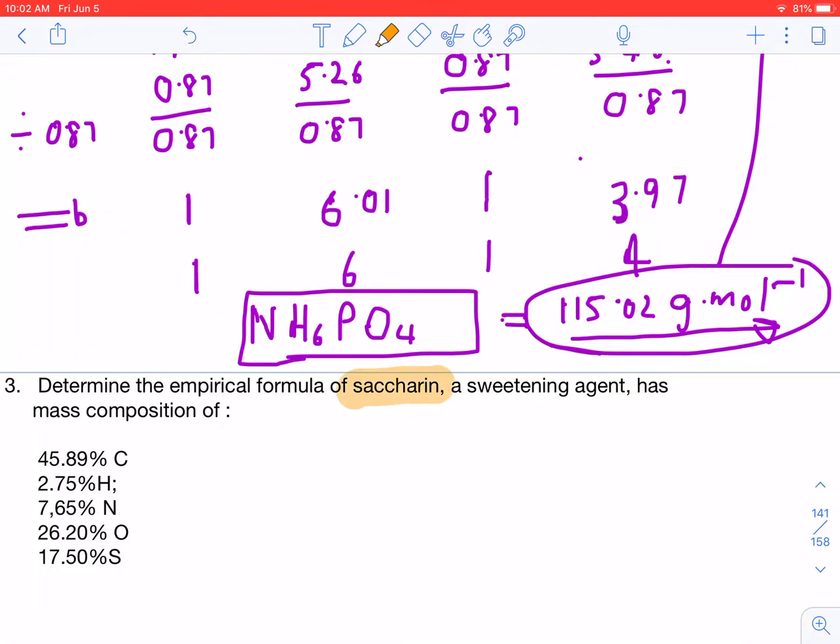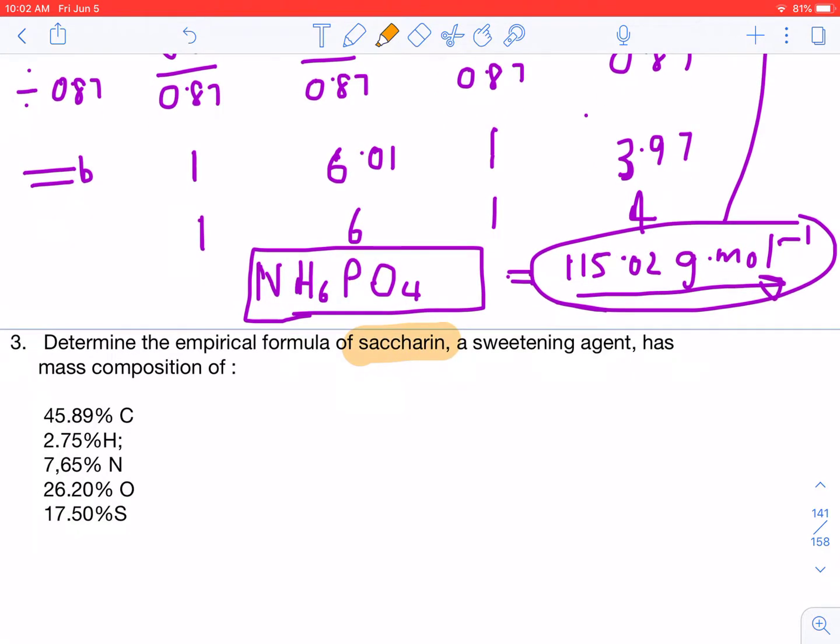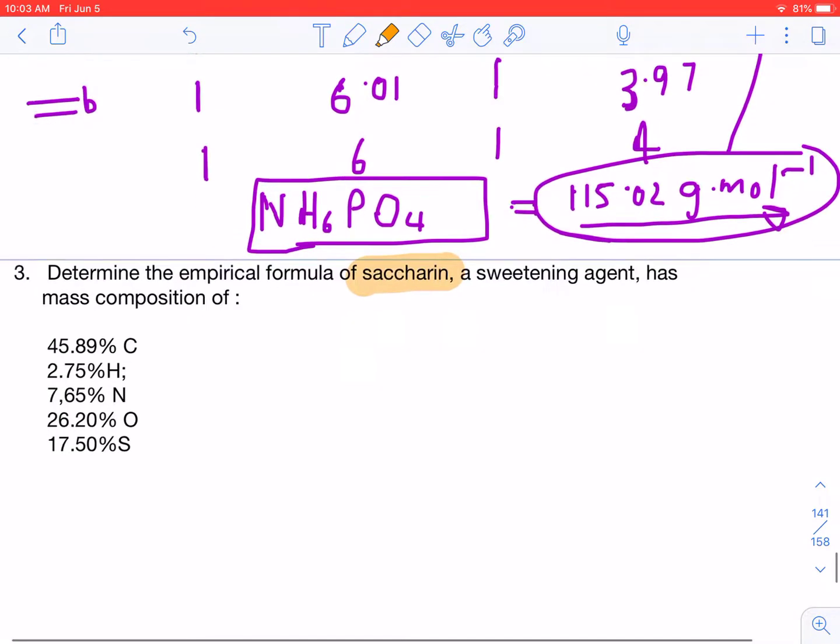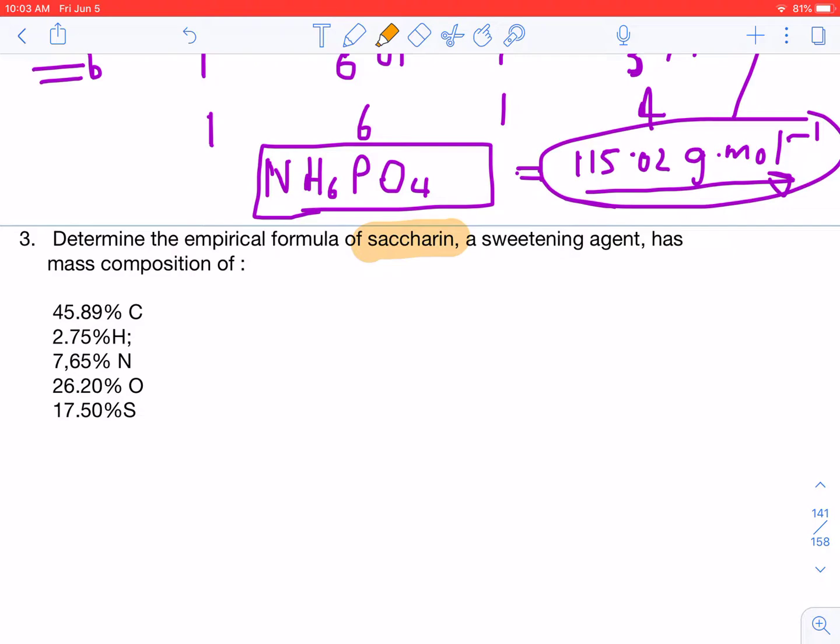That is actually a sweetening agent and has this mass composition. So again we go through the same routine.